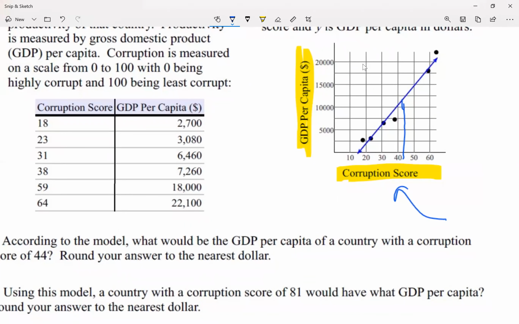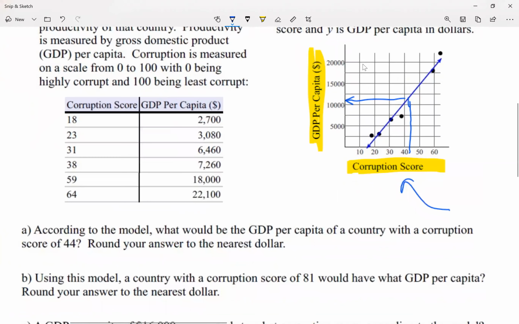This line will give me a number on the left. I see it's more than 10,000, less than 15,000. The number in between is 12,500, so my number here is more than 10,000, less than 12,500. I'm not going to be too picky about exactly what number you choose.